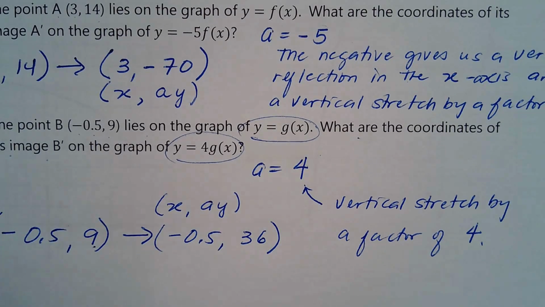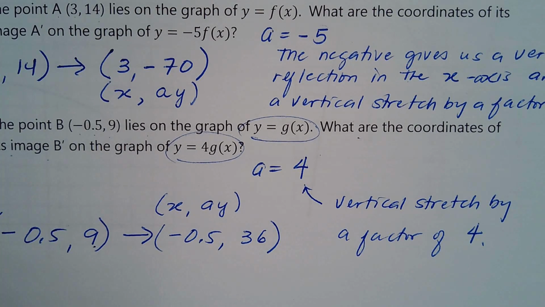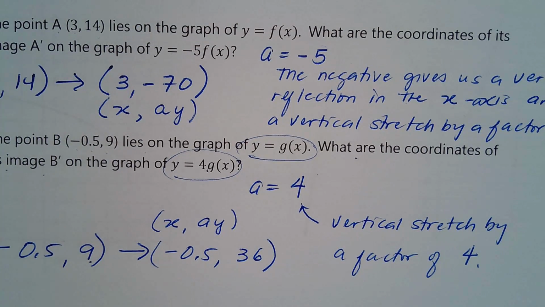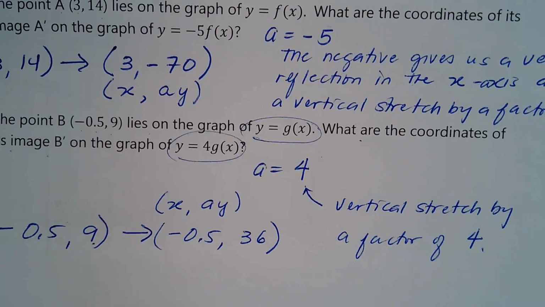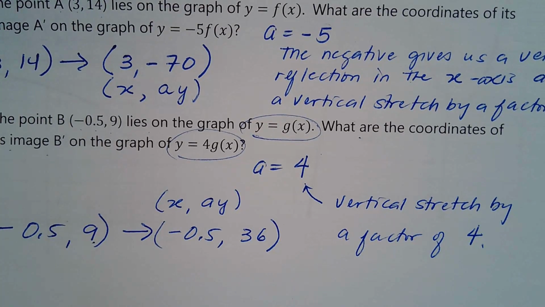That's our B prime. So far so good. So that one is just the vertical stretch. Okay. Any questions there?